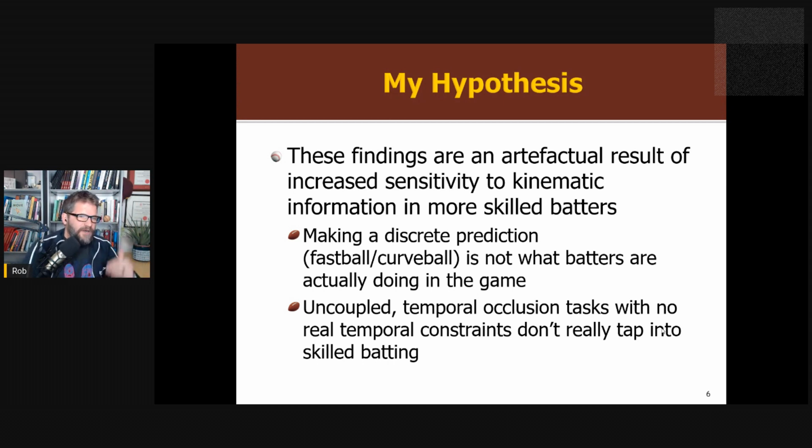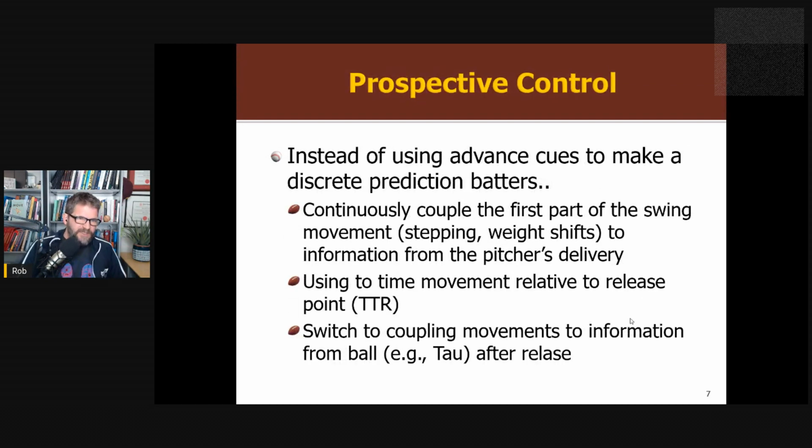But in the real sport, my hypothesis, based on a lot of research, is that they're not making a discrete prediction, right? This is just kind of an artifact of using this uncoupled temporal occlusion task where they have a lot of time. What they're actually doing is prospective control, right?